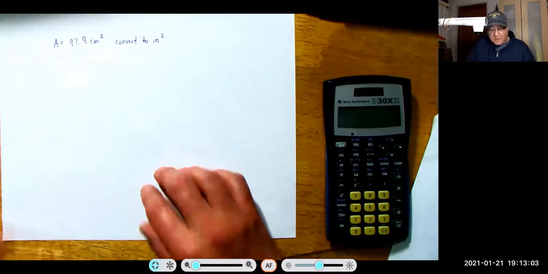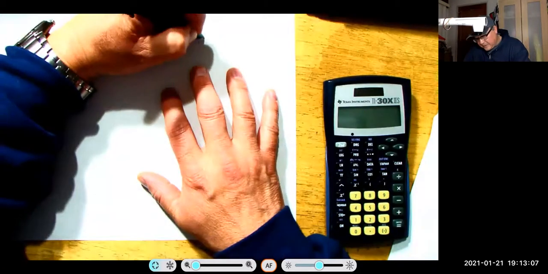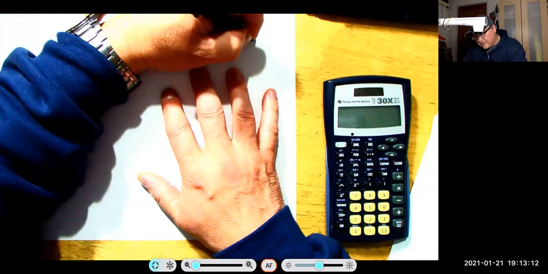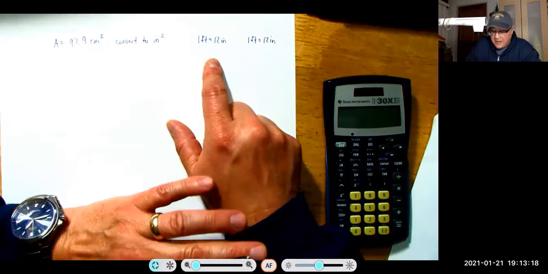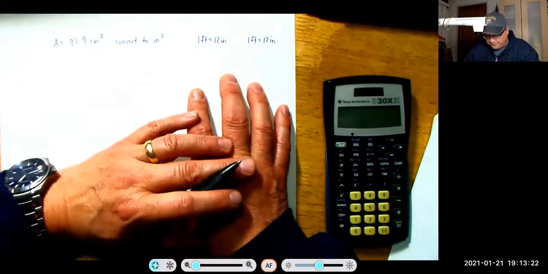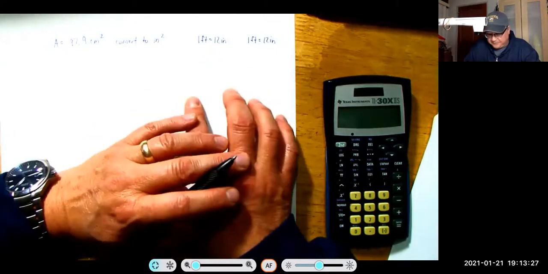Now, I'm going to actually work with inches and feet. I think we all know that 1 foot is equal to 12 inches if you are used to the English way of measuring. If you're not, this might not be that familiar to you.